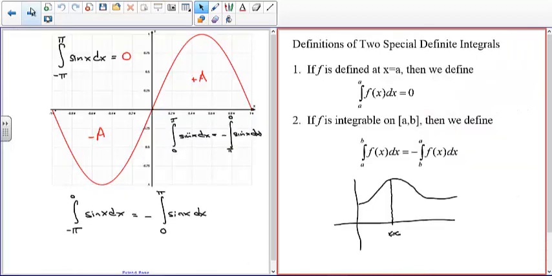Okay, so here are a couple of things. If the limits are the same, if you have a definite integral from x equals a to x equals a, the answer is 0.